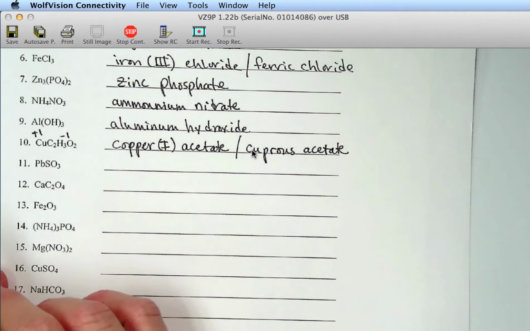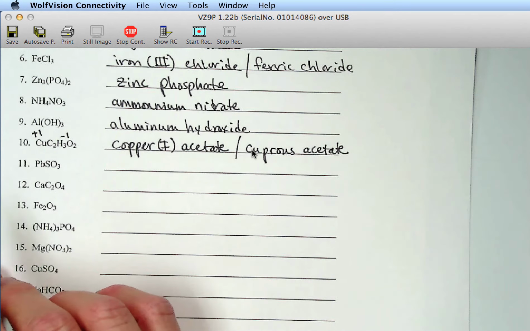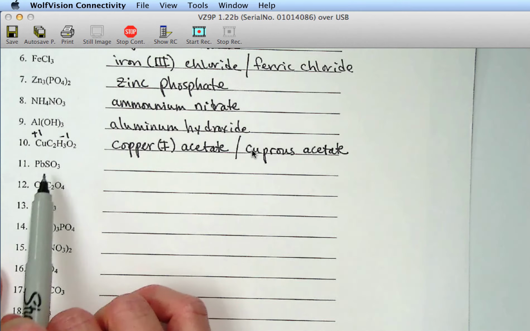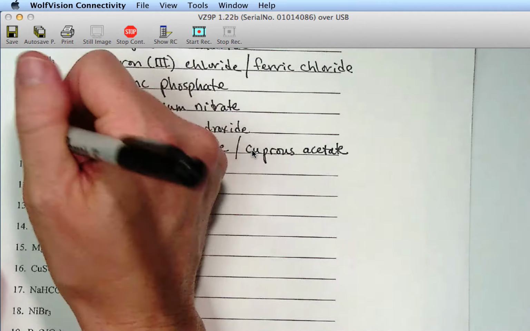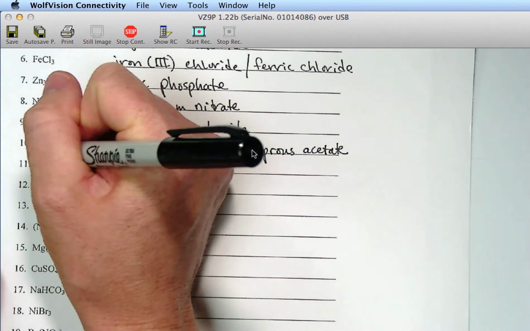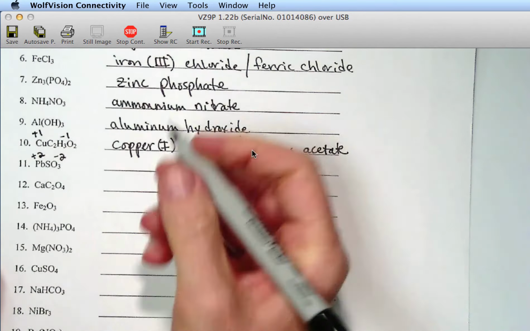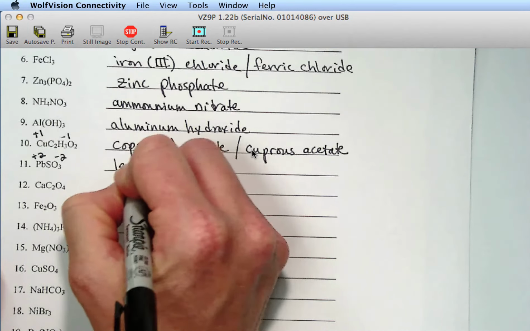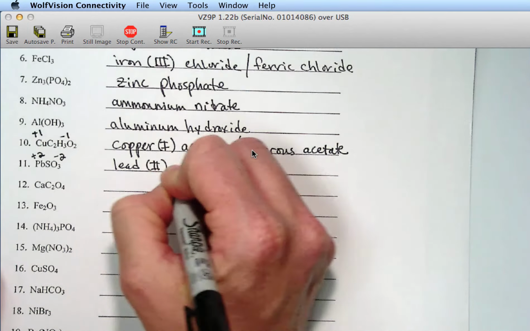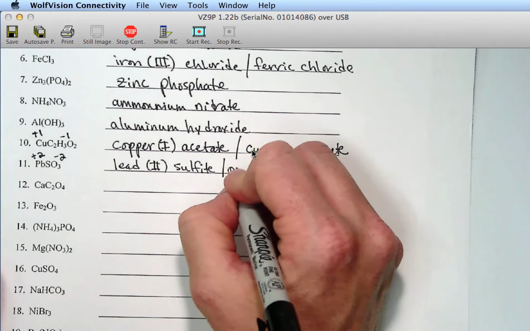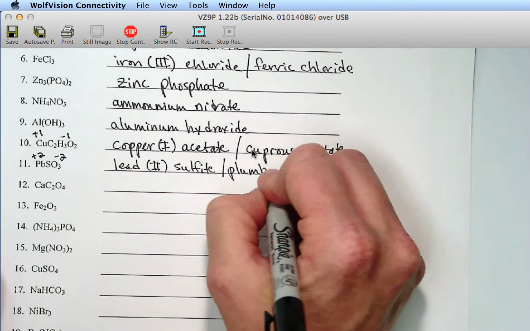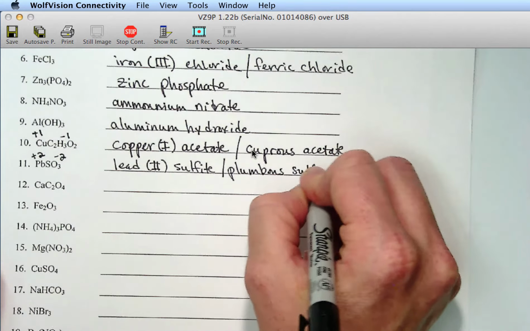11 is another one where if you don't know your polyatomic ions, it's going to be very difficult to name this. SO3 is sulfite. It's -2, so that must make lead +2. So this is lead 2 sulfite, or plumbous sulfite.